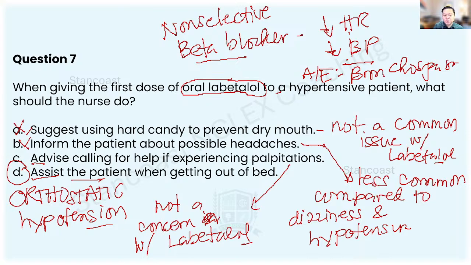Orthostatic hypotension. So when you are dealing with an older patient, make sure that they call for help before they get out of bed in order to prevent falling or a syncopal episode. Make sure that they do that, okay? Orthostatic hypotension, we're talking about oral labetalol.